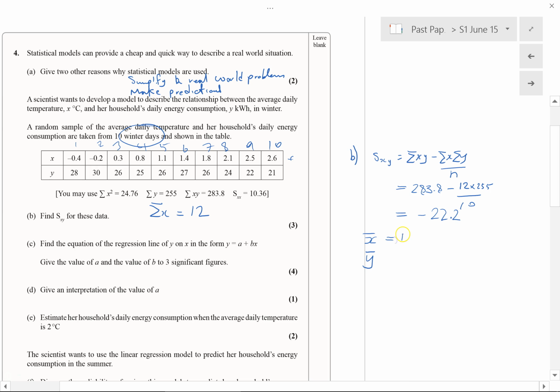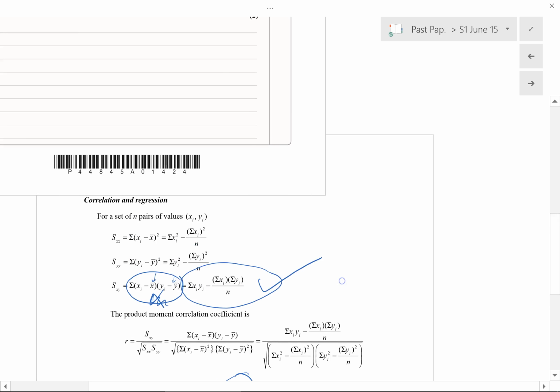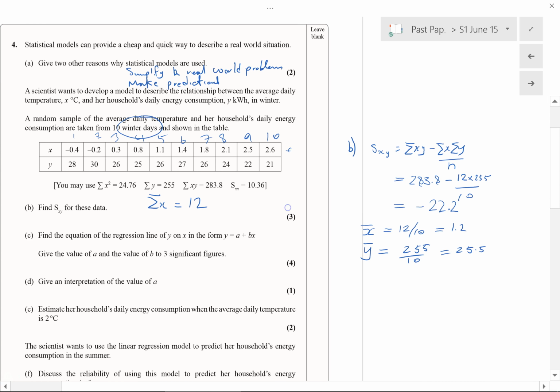Now x bar is equal to 12 over 10, which is 1.2. y bar is equal to 255 over 10, so that's 25.5. Now if I go down to the formula again, b is given as SXY over SXX. So we can use that to work out b in our regression equation.